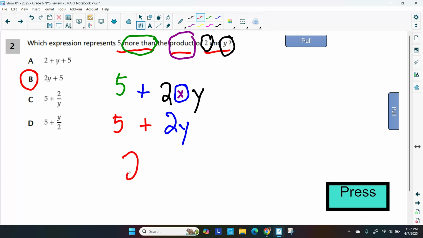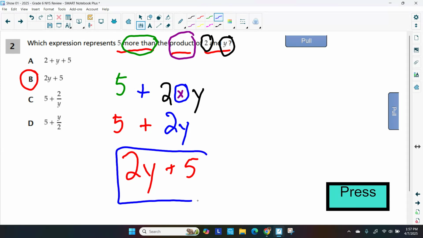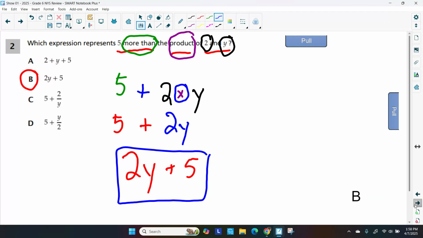Well, we're allowed to reverse it because of the commutative property of addition, and that means we can add backwards and forward, and it means the same thing. So that's what I'm going to go with as my answer, choice B. And there we are. We're right about that. Good. So that was a good question.